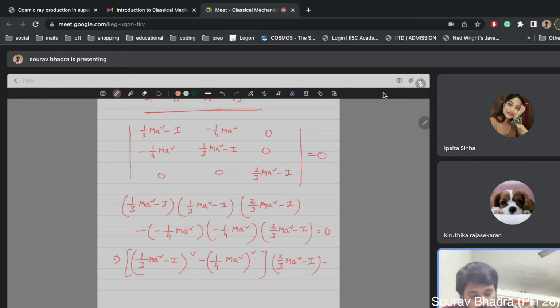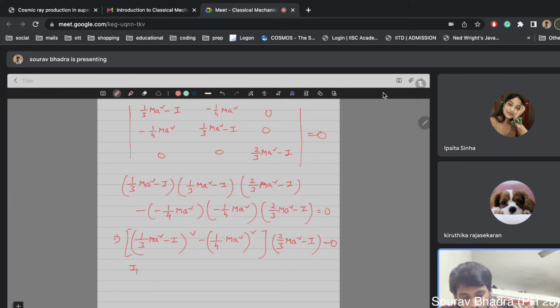Okay, so from this you can get the 3 values of I. I will write I1 as 1/12 m square, I2 as 7/12 m square, and I3 as 2/3 m square. Okay, now these are your principal moments of inertia.